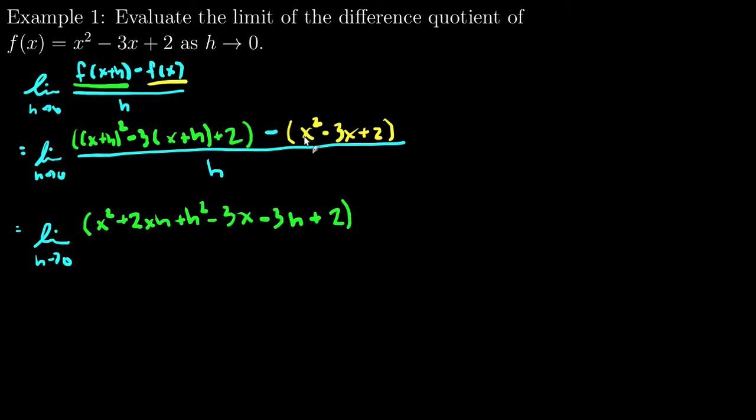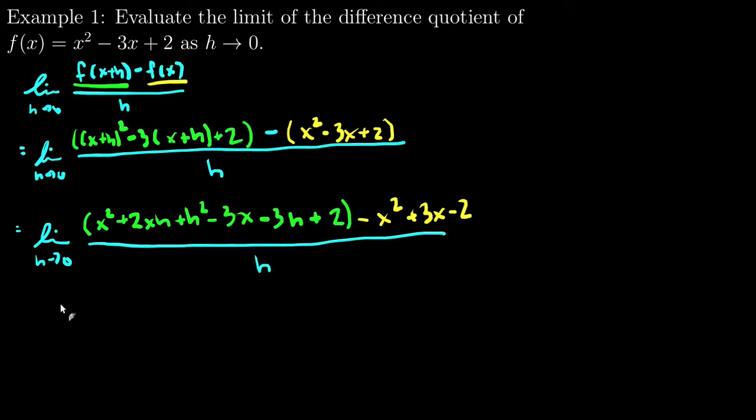And this portion I'll distribute through the negative sign and get a minus x squared plus 3x minus 2. And still, I cannot just evaluate this at 0. It's not continuous. It's undefined at 0. But I can cancel out some things.